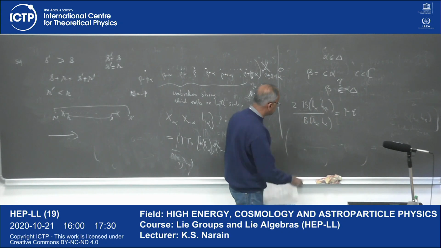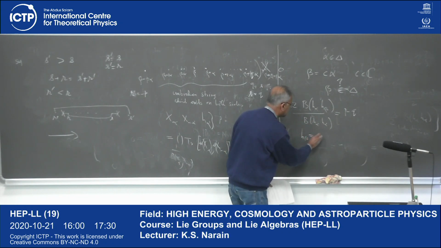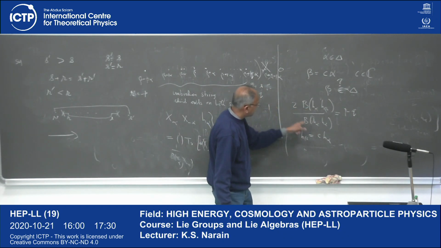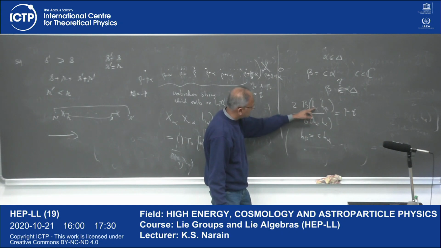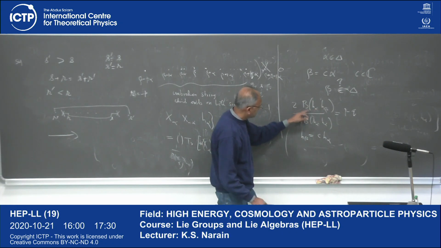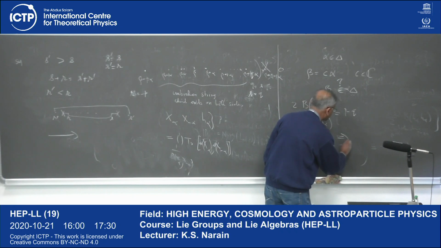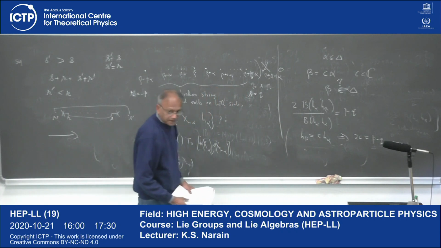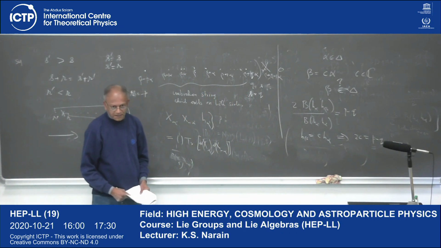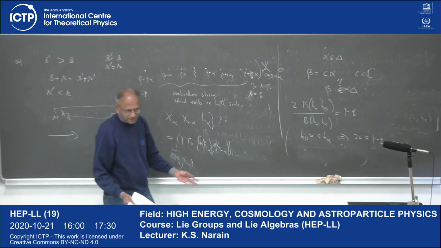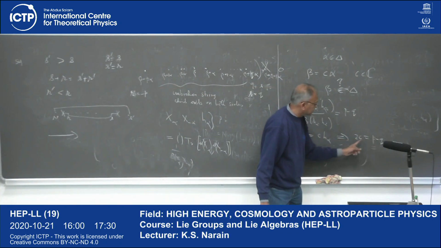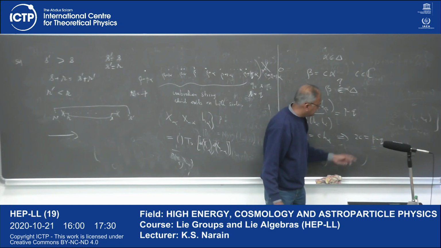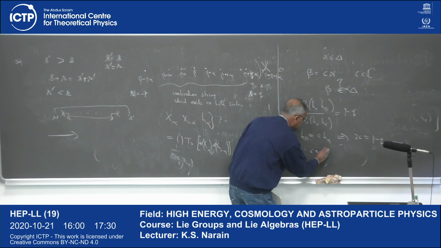H beta is C H alpha. C is a number, so I can take it out. B(H alpha, H alpha) cancels with the denominator. So this equation implies that 2C is equal to P minus Q. So C is not a general complex number. C has to be some integer divided by 2. P minus Q is an integer, so it can be divided by 2. So C is equal to (P minus Q) by 2.